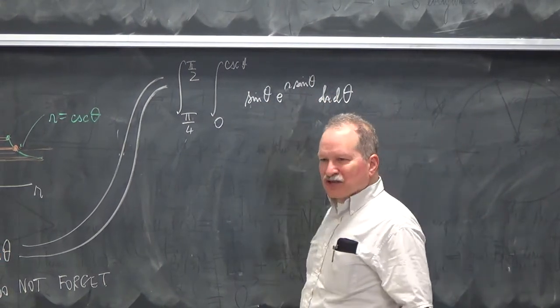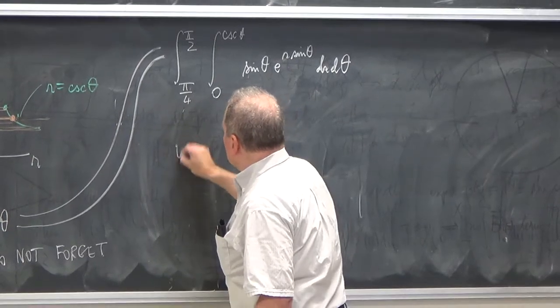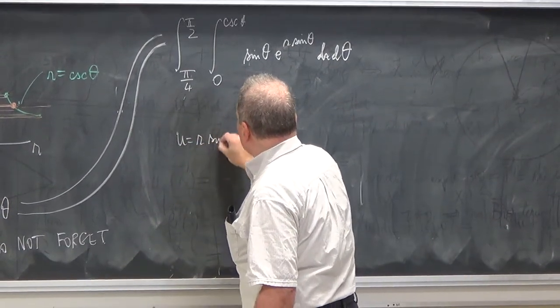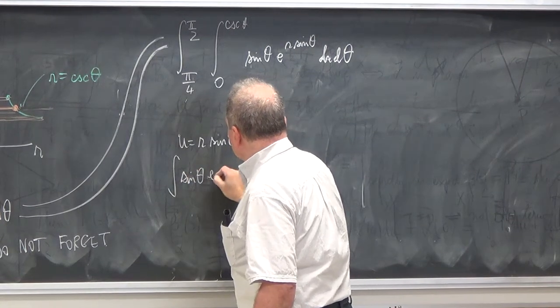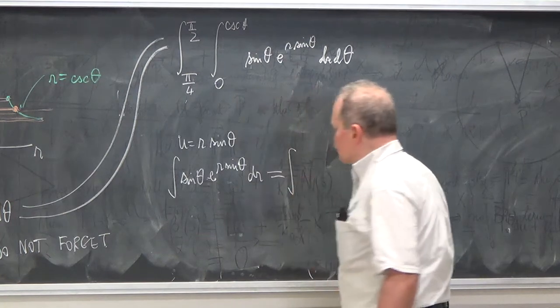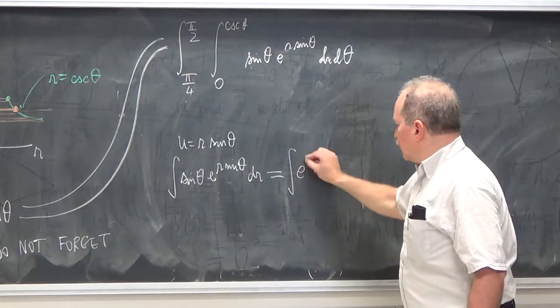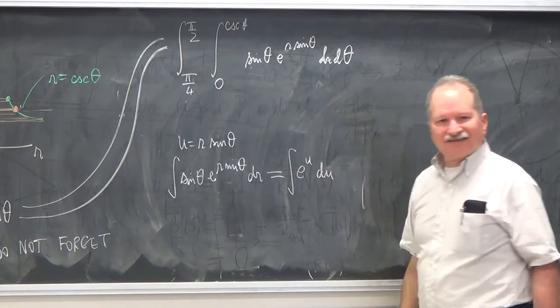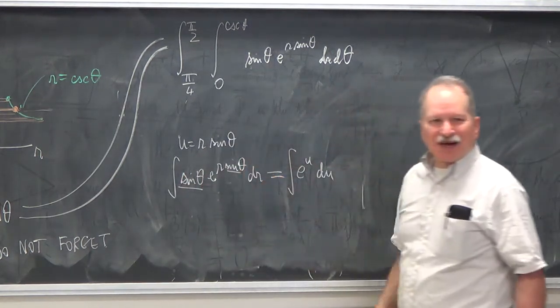This is just what we were talking about with substitutions a minute ago. If you let u equal r sine theta, the integral of sine theta e to the r sine theta dr becomes what with du's and u's? The sine theta is sitting there perfectly to help you out.